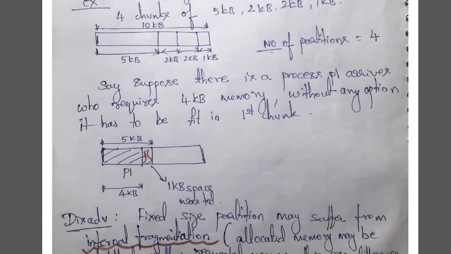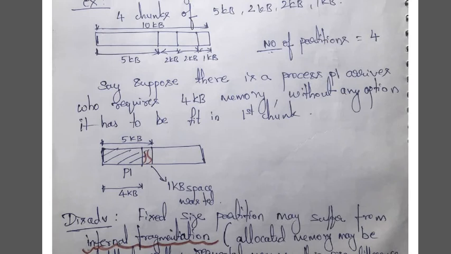Here if you fix the chunk size, what happens? Suppose a process arrives with 4 kilobytes. Out of 5, if you allocate 4, 1 kilobyte of memory might get wasted, because in this chunk you cannot accommodate the next process. Suppose a process with 3 kilobytes also arrives.